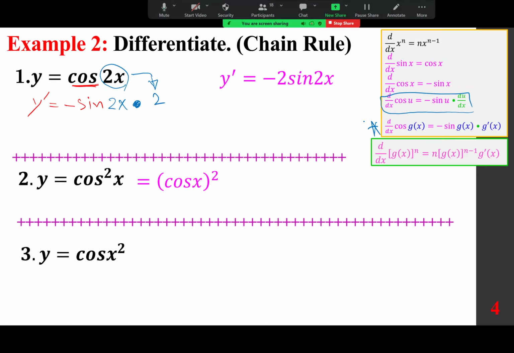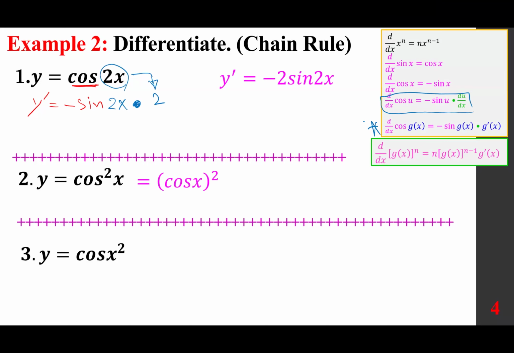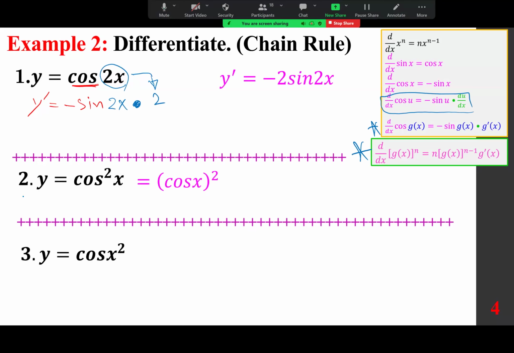Number 2, rewrite it as cosine x to the power of 2. If you don't have to, you don't have to do that. If you recognize that as the power rule, and therefore you are using the extended power rule, so you are going to say y prime is 2 cosine to the power of 2 minus 1, or simply 1. By the extended power rule, we need the derivative of that, minus sine, and you write it as negative 2 cosine x sine x.